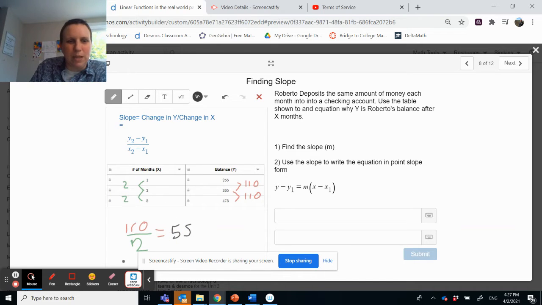Here's how I would determine that same thing using the equation. I'm going to start off identifying my y2 and y1 and my x2 and x1.